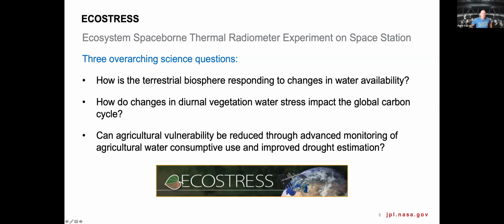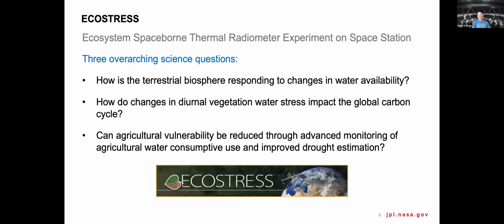As Brian mentioned, with a lot of our satellites we have these overarching science questions or goals. For ECOSTRESS, here are 3 of the scientific questions that we want to better understand. The first one is the terrestrial biosphere. We want to understand how it responds to changes in water availability.